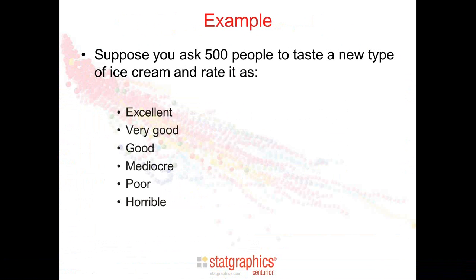Suppose I went out and did a survey and asked 500 people to taste a new type of ice cream and have them rate it as either excellent, very good, good, mediocre, poor, or horrible. What I'd like to do is enter data into Statgraphics as 1s, 2s, 3s, 4s, 5s, or 6s, but then have the results appear as excellent, very good, good, mediocre, and so forth. Okay? Pretty easy to do with value labels.